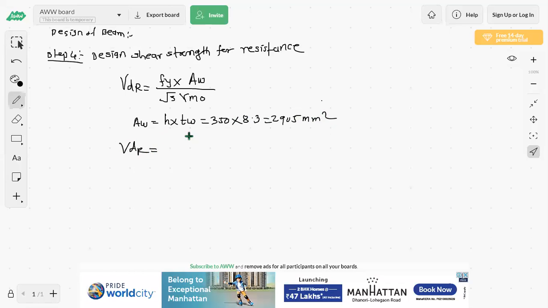Now put all the values. VDR is equal to Fy is 250, then AW is 2905, divided by root 3 gamma m naught is 1.1. So calculate VDR. VDR is the shear strength, so strength is in kilonewton.